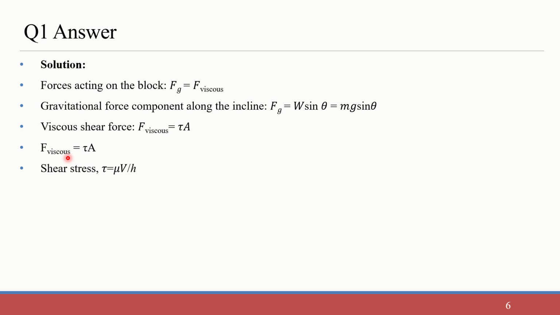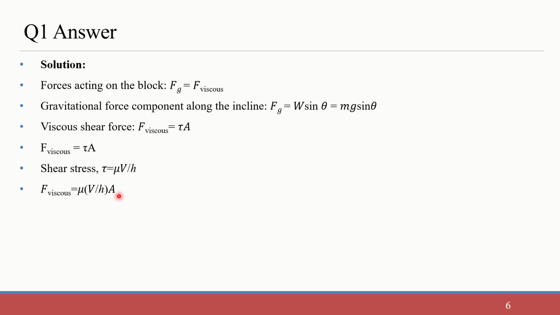So here we are writing it as mu V by H, where V is the terminal velocity and H is the film thickness. In the question it is also given that it is maintaining a linear velocity distribution, so we are taking this. So F viscous is equal to mu into V by H into A.